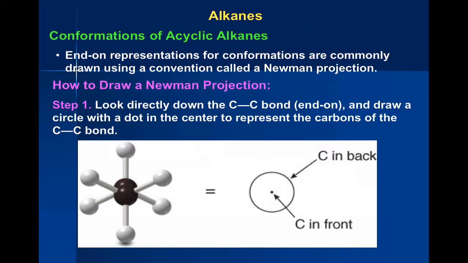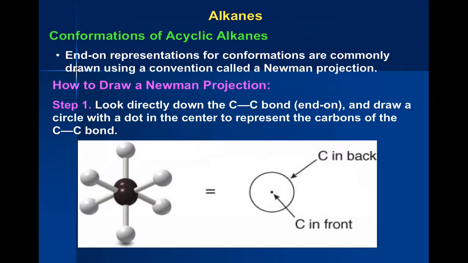Let's do this on the one that we've built. So there's the back carbon, there's the front carbon. So how do I draw the 2 hydrogens and the methyl group? How do I draw those? There's the front carbon. From the dot, hydrogen, hydrogen, CH3.